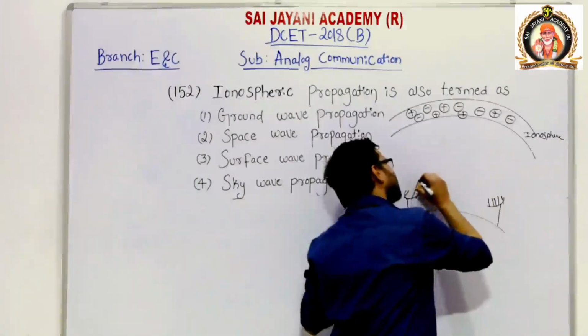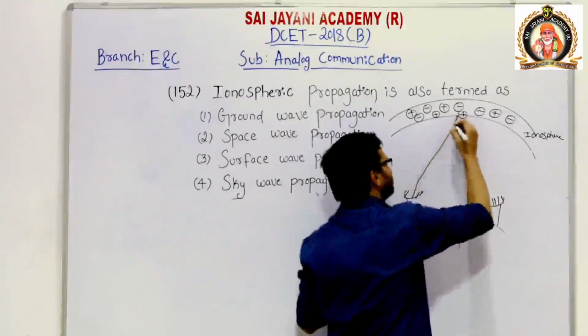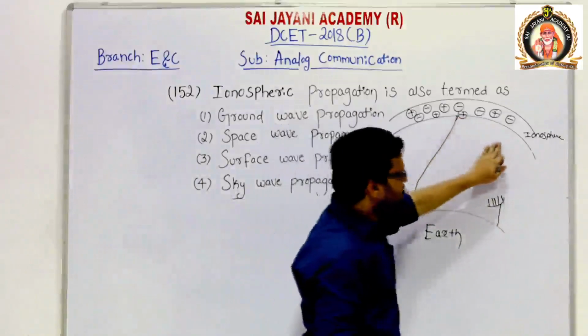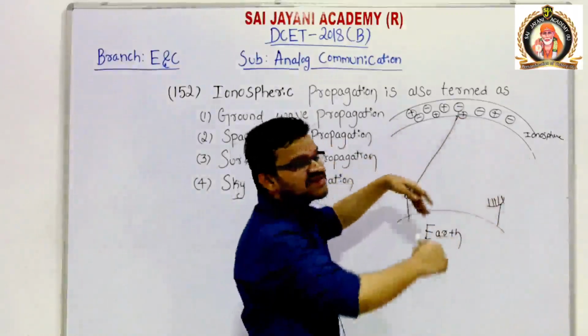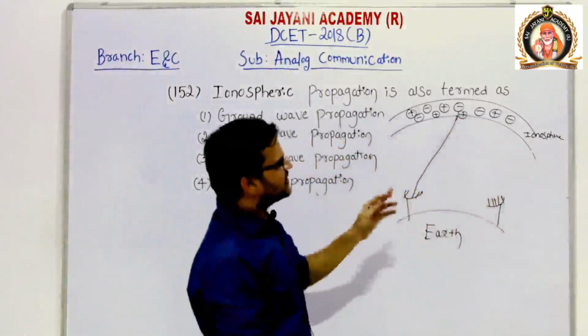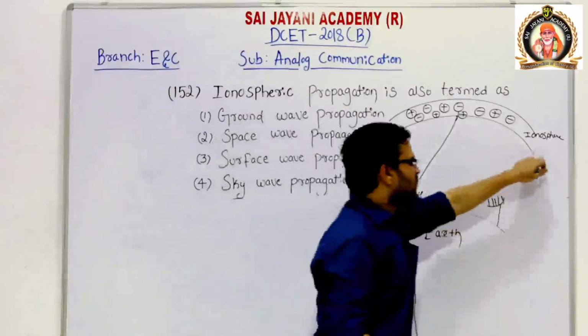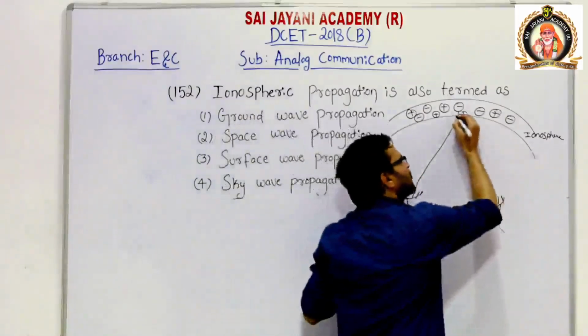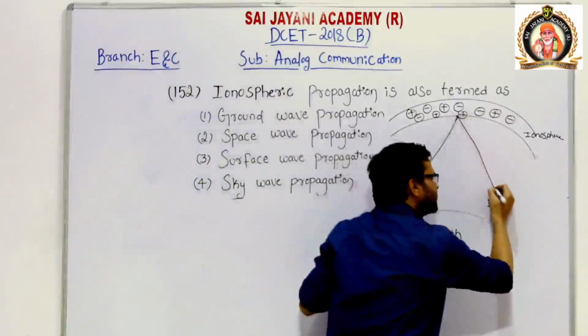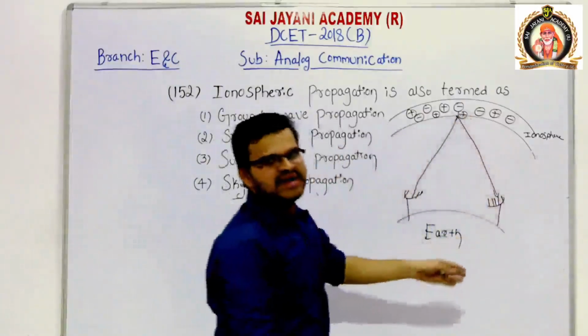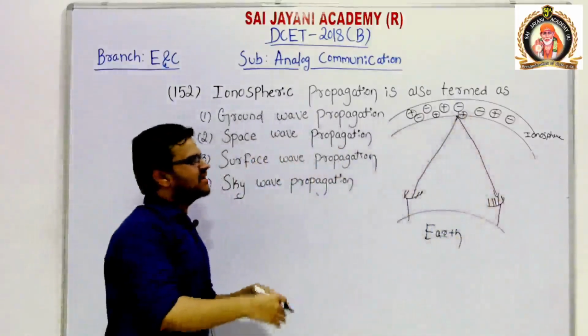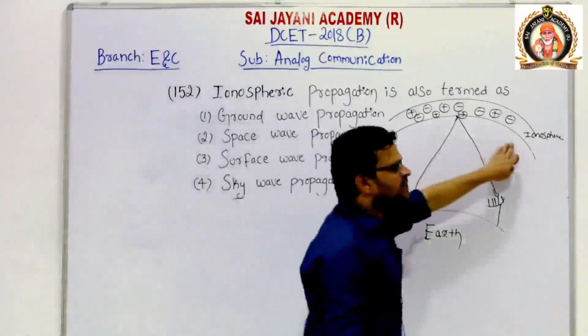When you transmit the electromagnetic signal towards the ionosphere, because of the large number of positive ions and negative ions present in the ionosphere, the electromagnetic signal is reflected towards the receiving antenna, because total internal reflection takes place in the ionosphere.